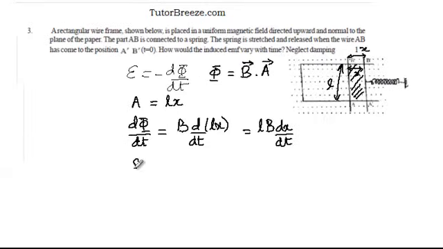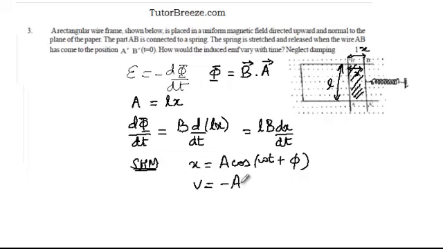Now for SHM, the displacement x is given by A cos(omega t plus phi). Then v can be written as, differentiating this with respect to time, minus A omega sin(omega t plus phi).